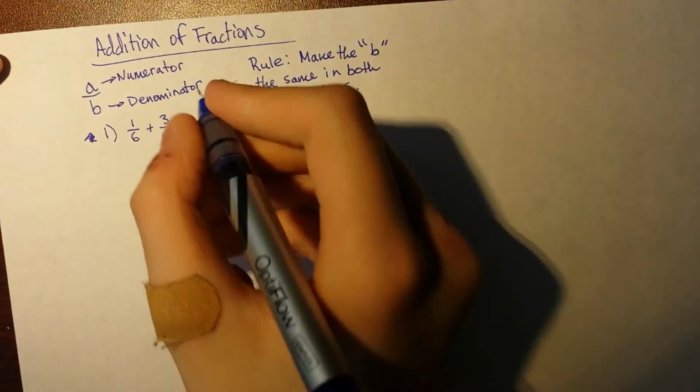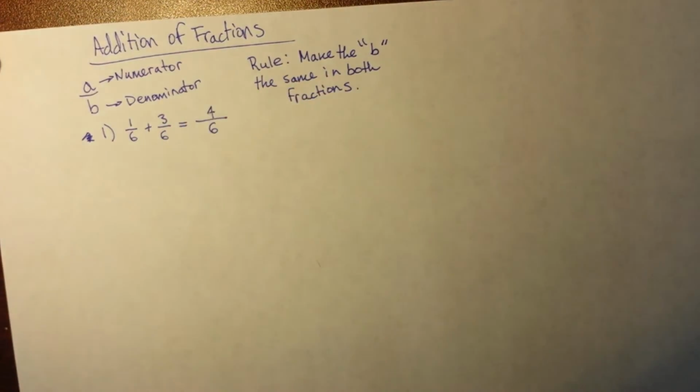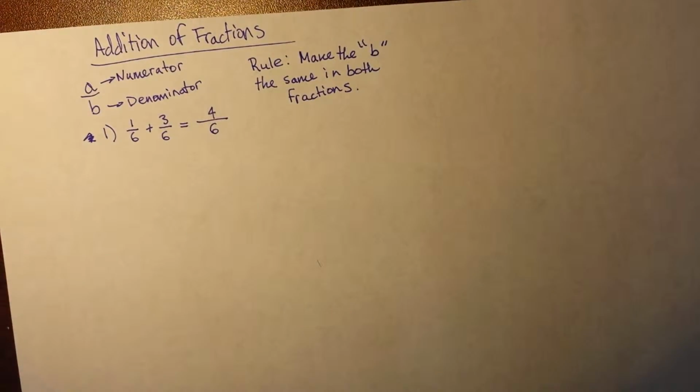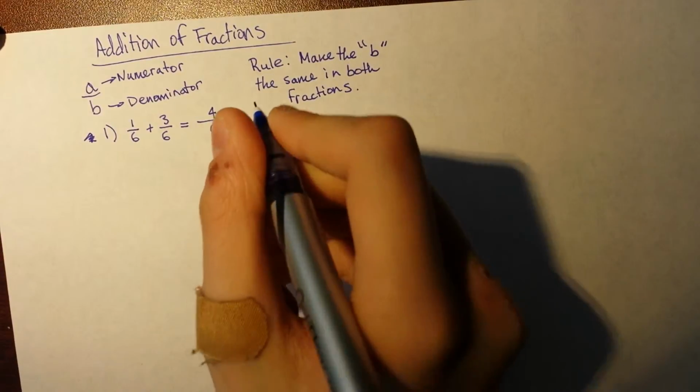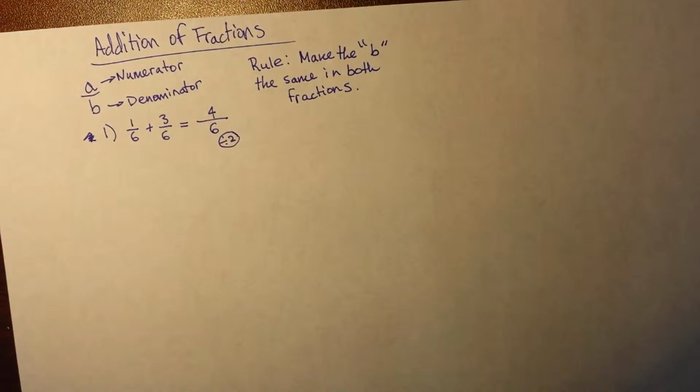1 plus 3 is 4. So our answer is 4 over 6. But what we shouldn't forget to do is simplify. So 4 over 6, we may divide both by 2. Remember, when you do something, either multiply or divide, to A or B, you have to do it to the other one as well.